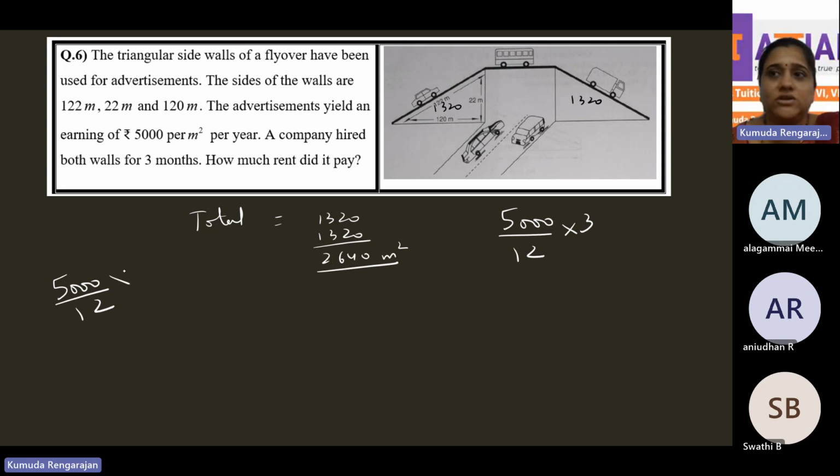For 3 months, multiply by 3. Yes or no? This is for 1 meter square for 3 months. So for 2640 meter square, it will be multiplied by.